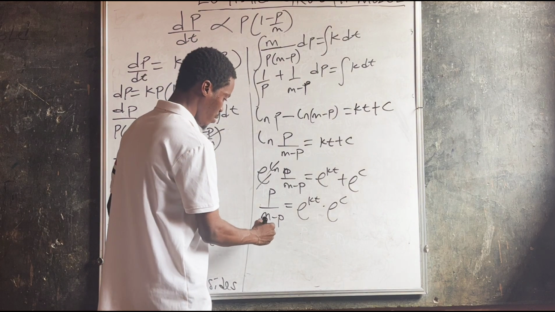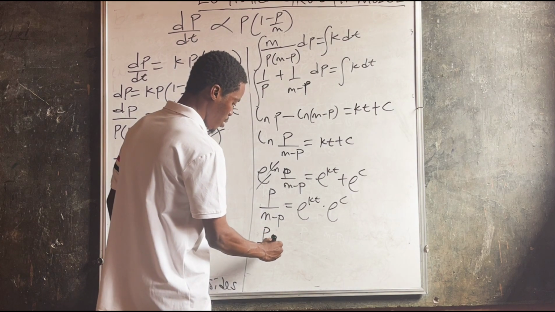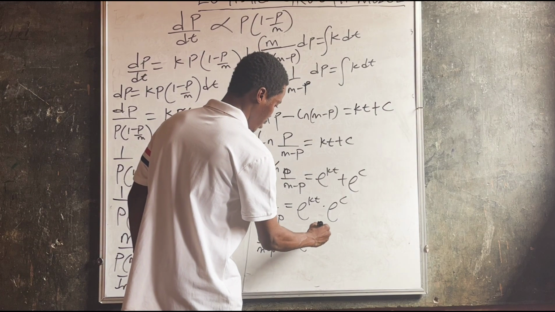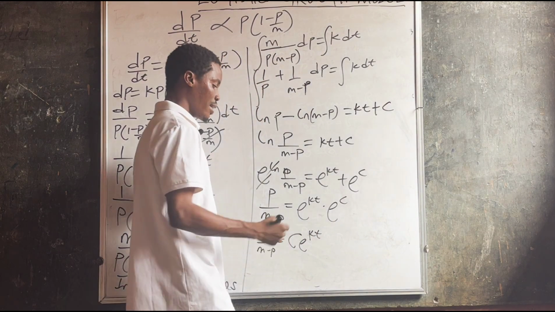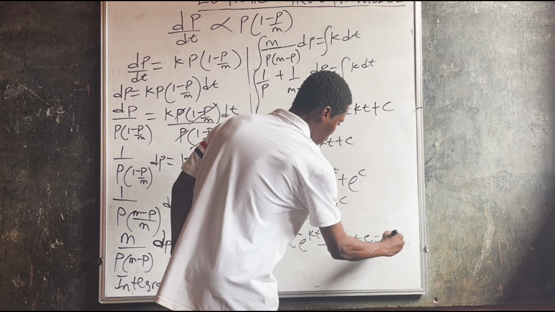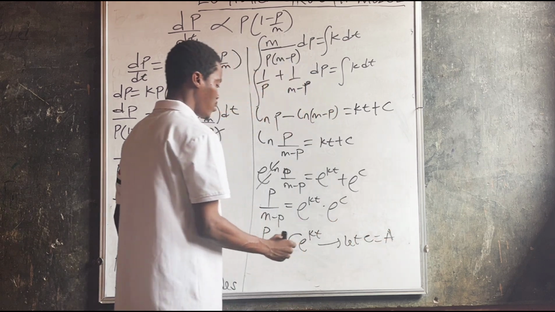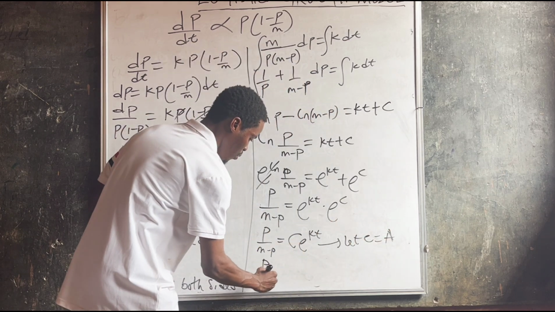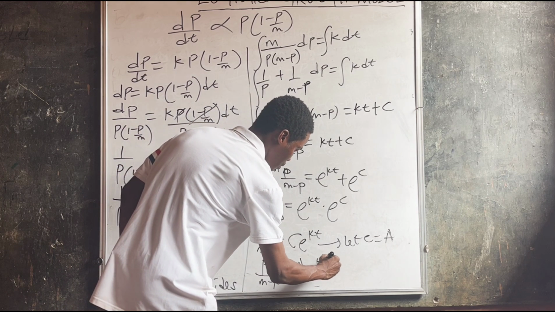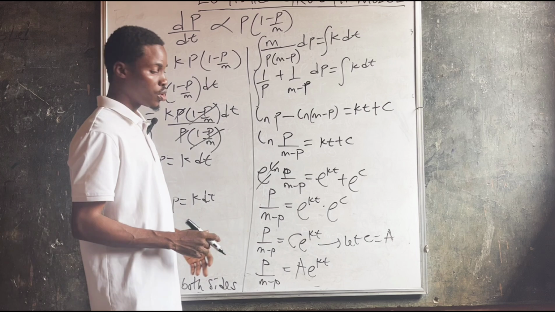So the exponential and ln will cancel. p all over m − p is equal to C e^(kt). So I can let e^c be equal to A. So I can have p all over m − p is equal to A e^(kt).